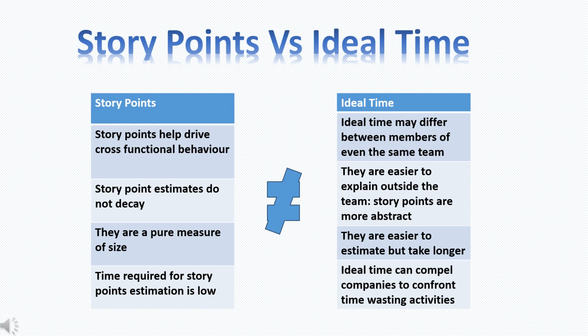On the other hand, when we are using ideal time, estimates will differ between members of the same team, which is a bit of a disadvantage, but they are far easier to explain to those outside of the team. Because story points are so much more abstract, they are easier to estimate, but it's going to take more time, and ideal time estimates can compel companies to confront time-wasting activities.